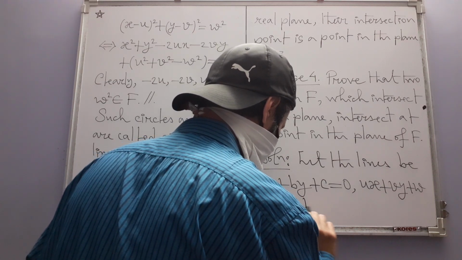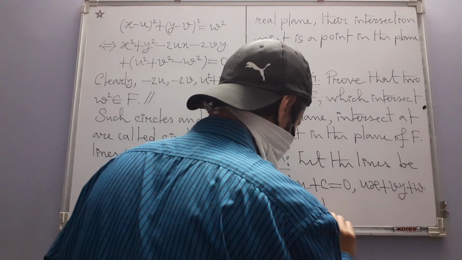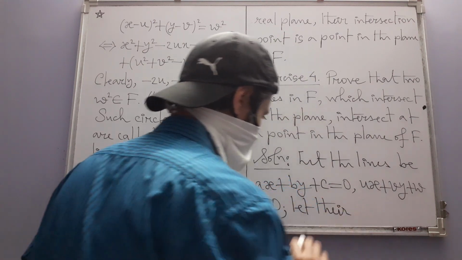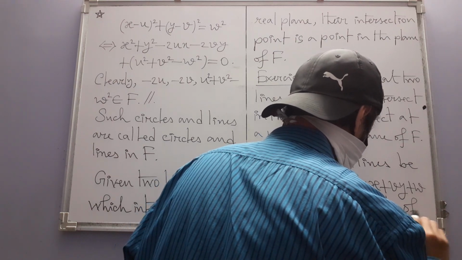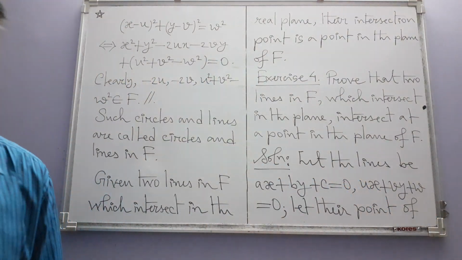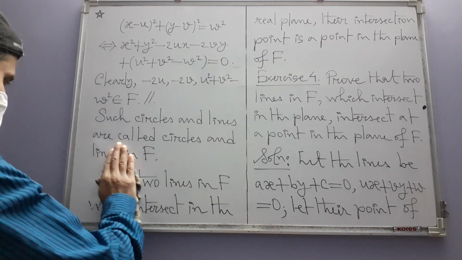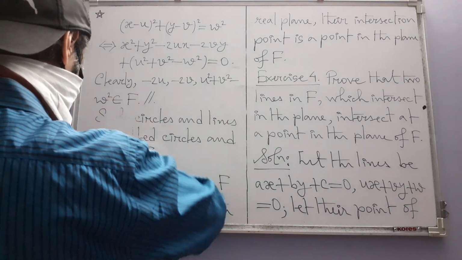Let their point of intersection, because it's given that they intersect in the real plane, so there will be a point of intersection, and there of course will be only one such point, be alpha, beta.